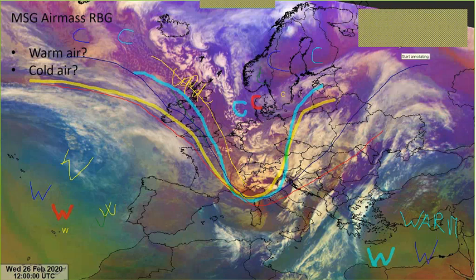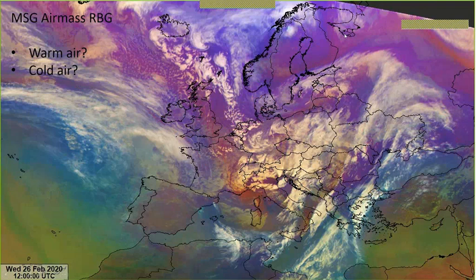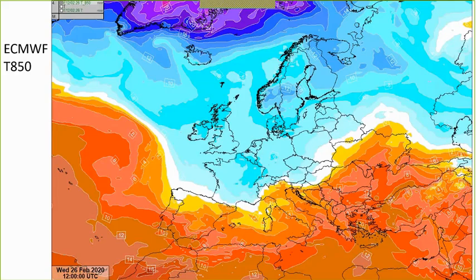Good, we have really good answers. So now I will stop the rights for you to use the annotation tools. And actually, in the next slide, I have the ECMWF 850 hectopascal temperature field.